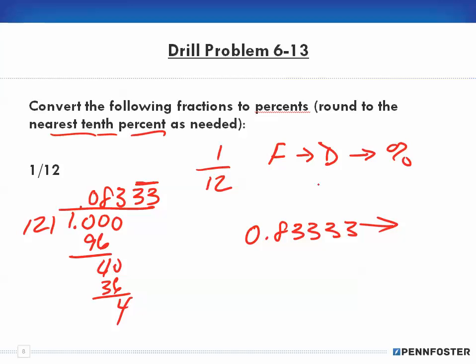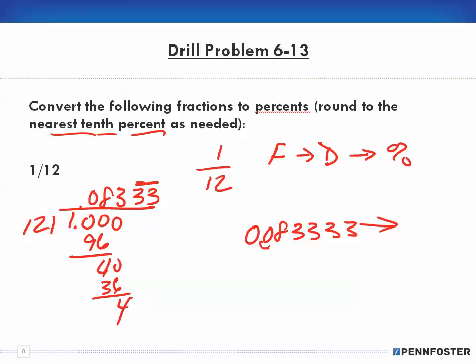Now, since I have my decimal, I convert it into a percent. To do that, I can multiply by 100, or I just move the decimal place. I wrote that wrong again. See what happens? Even I make mistakes, and I make the same mistakes over and over.